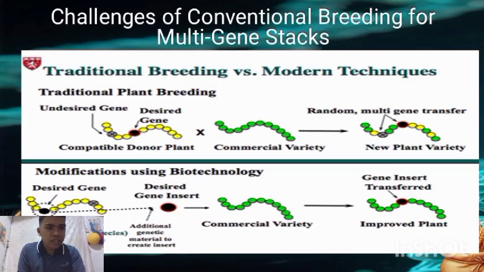On the other hand, in modification using biotechnology, the modern techniques, the desirable traits are collected and then transferred to the commercial variety. And then in the new plant variety, the genes are located in a specific area. They are not scattered. That is the beauty of biotechnology or genetic engineering.